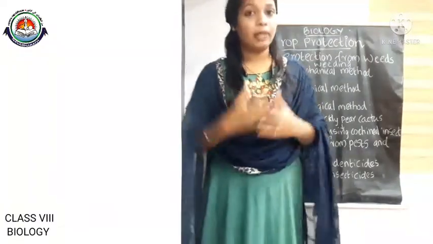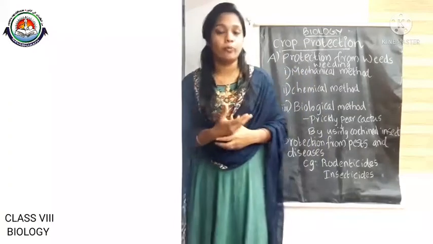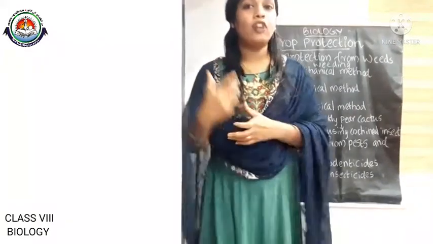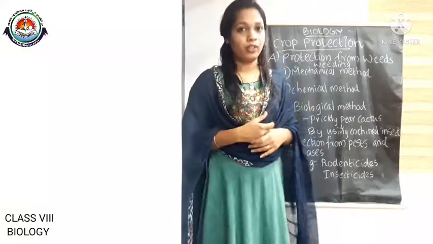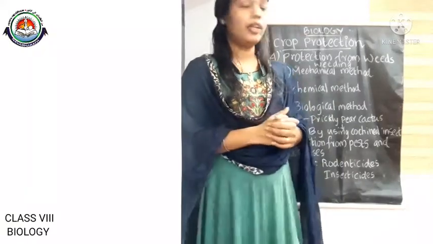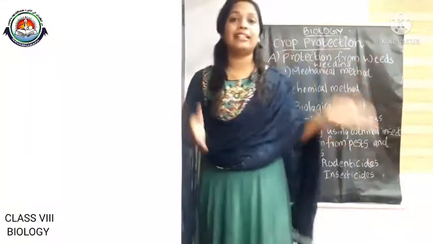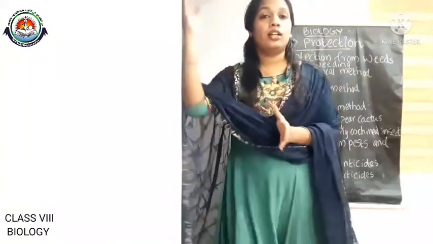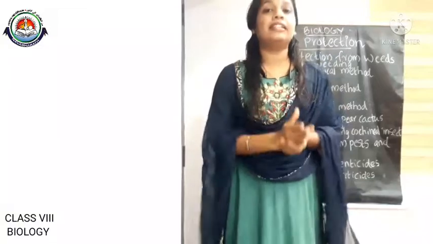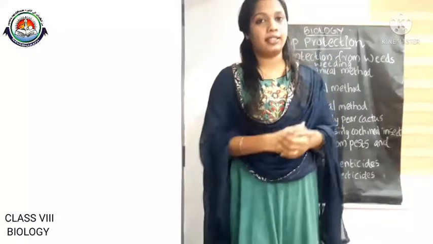Pesticides are the chemicals that are sprayed on the crop field to prevent the attack of pests. These pesticides will not cause any harmful effect to the crop plants. Instead, they will kill the pests and their eggs.